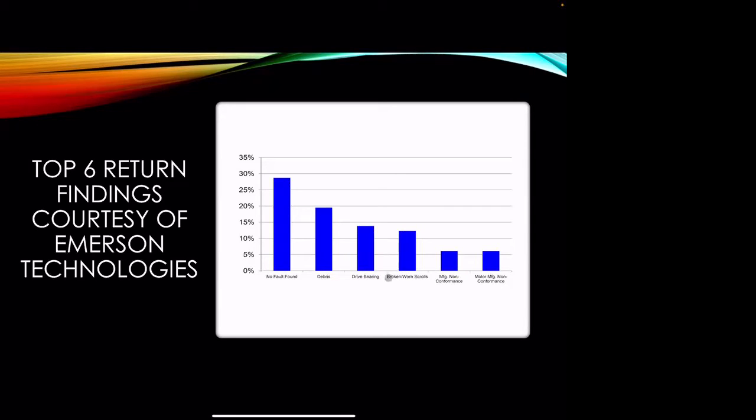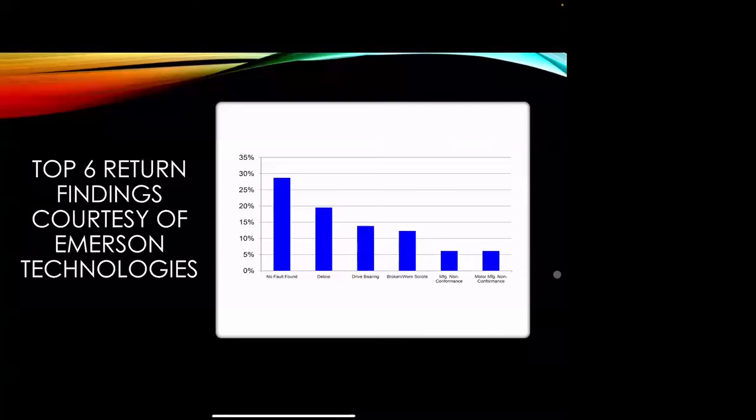About 12, 13% is the broken or worn scrolls internally. And then the last here, which equates to about 12%, is manufacturing nonconformance issues or motor issues. But that's a staggering number right there, that we replace compressors at a rate of almost 30% and they're not failed.